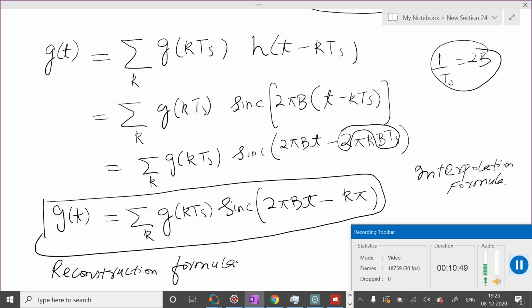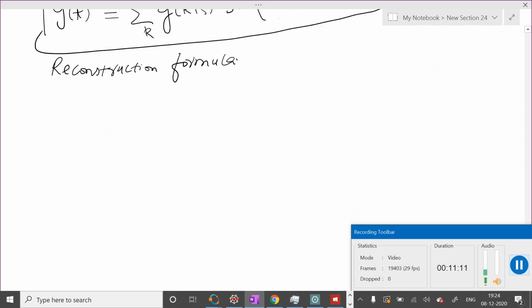How can we reconstruct g of t? Now this much is about sampling. There are a lot of things in sampling, like aliasing. I will not go into that because our purpose is something else, and this should actually have been done at the BTech level.